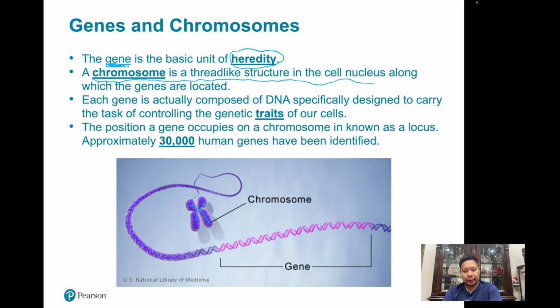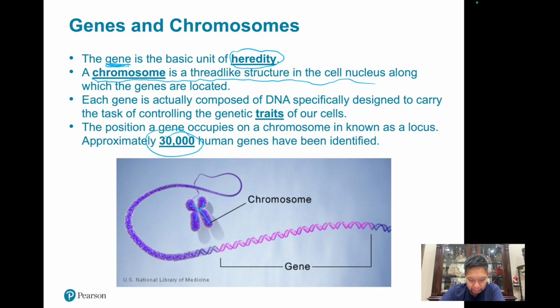The entire chromosome is made of DNA, but part of the DNA has a gene in it, and it gets wrapped up into these things called chromosomes that are in the shape of X's and Y's, which you've seen before, right? Humans have about 30,000 genes that we've identified.